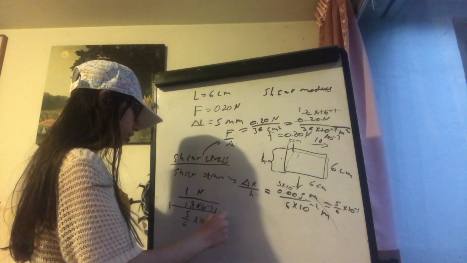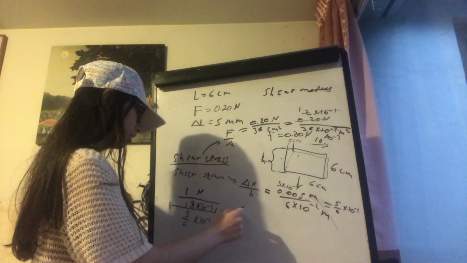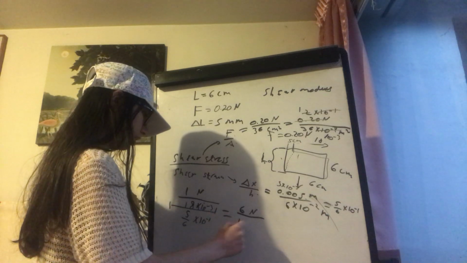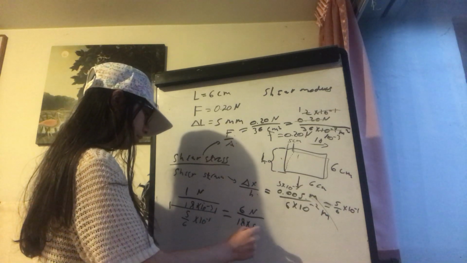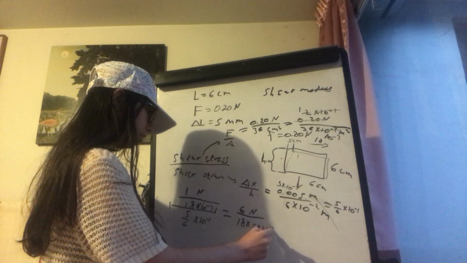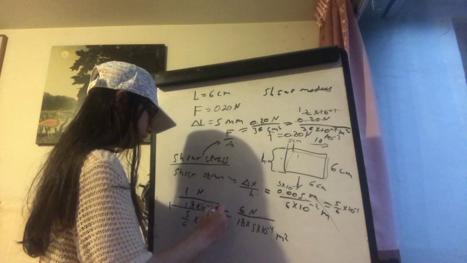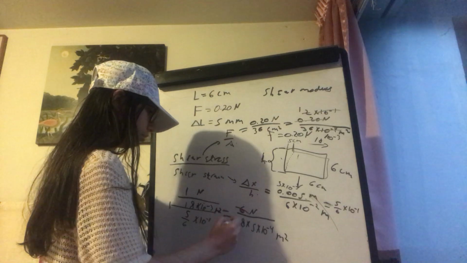The units are cancelled, so we have 6 newtons divided by 18 times 5 times 10 to the negative 4 square meters. So this is 3.